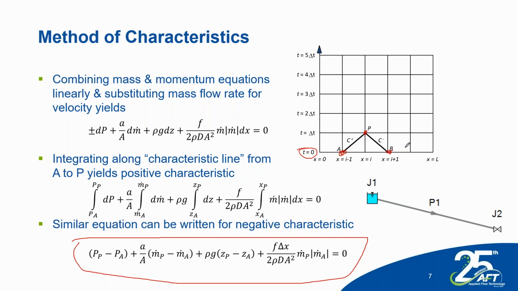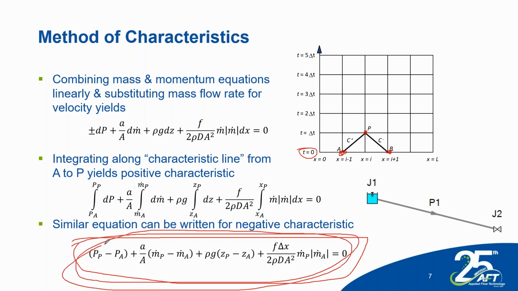So this is the beautiful thing for the method of characteristics, is you can solve this equation explicitly to calculate what the pressure is here at this pipe station, or at this station, or at this station, or at this particular station.